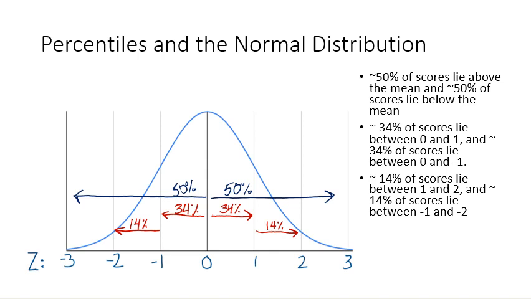And finally, we know that approximately 2% of the values are going to lie in the upper tail of the distribution, and about 2% are going to lie in the lower tail of the distribution. So now that we know these basic rules, we can solve some problems.